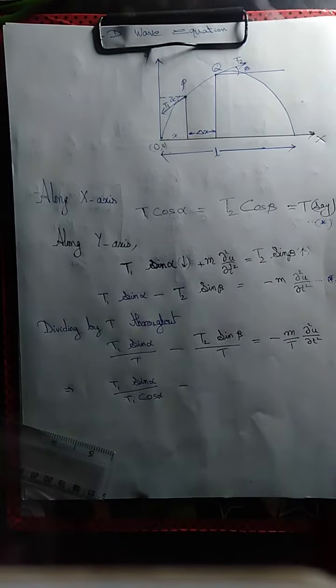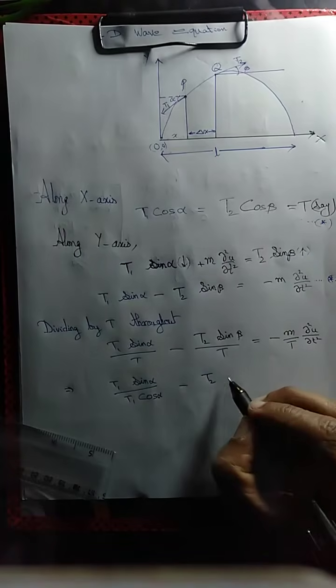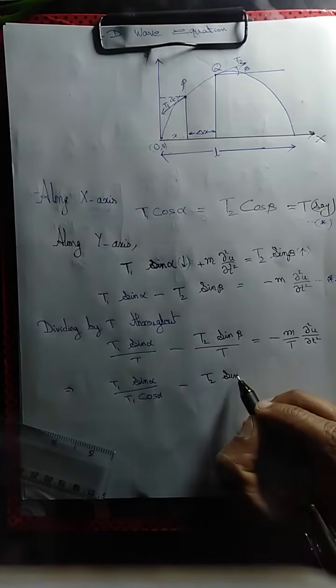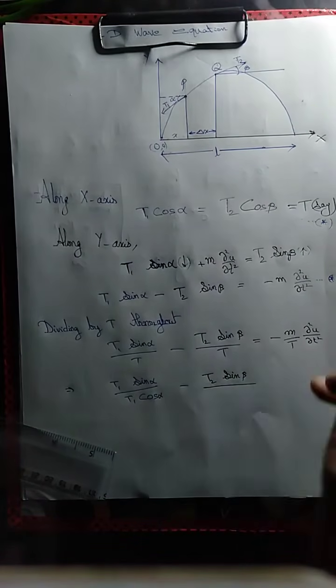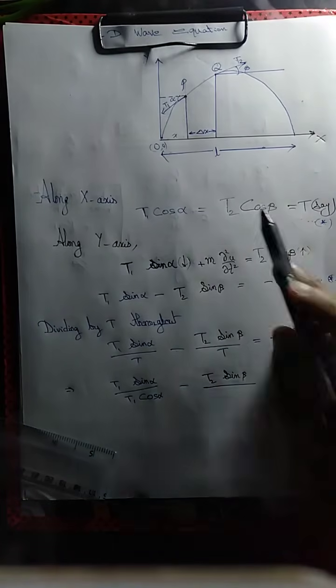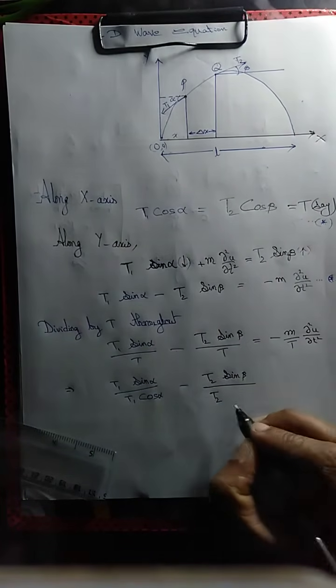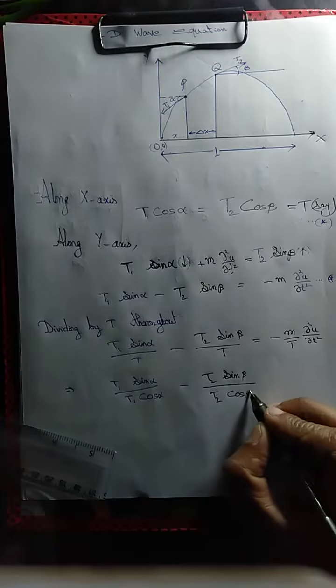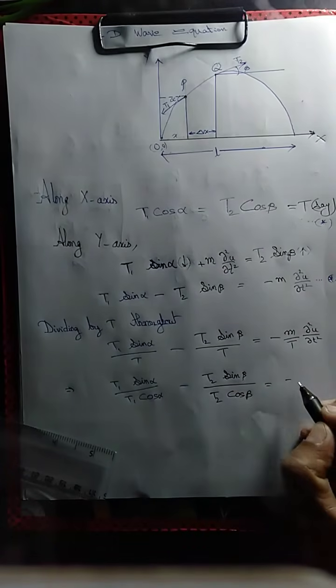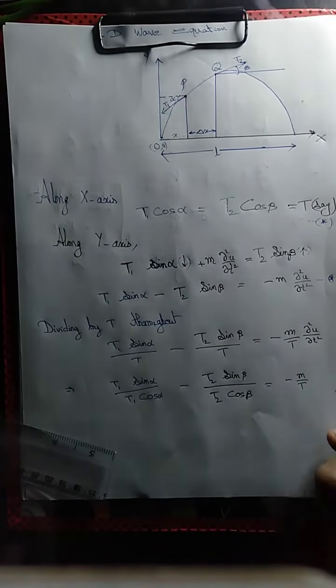Aha, so many things cancel. What about here? Well, the same thing happens. Quite a lot of things get cancelled. Instead of T I can write T2 cos beta, equal to minus M by T, right inside as it is.